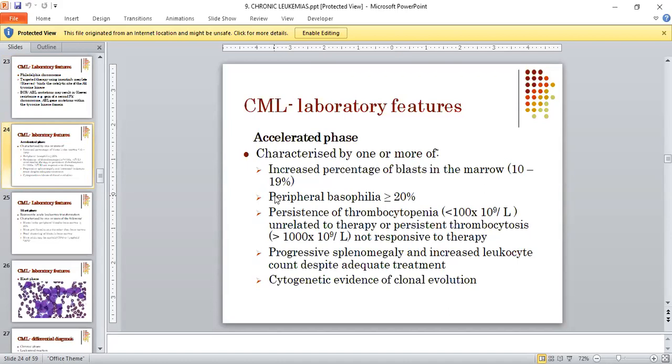The accelerated phase, of course, you now find more blasts in the marrow.